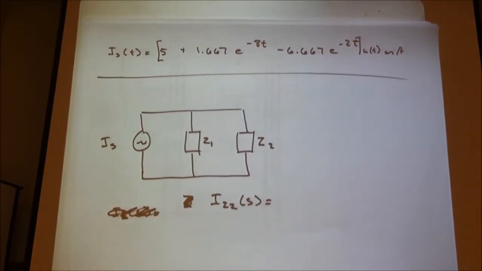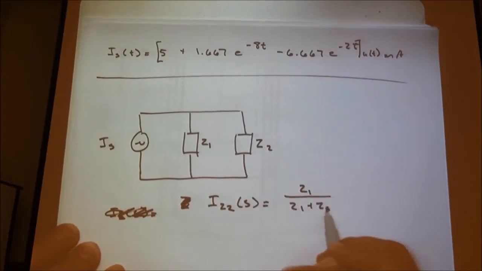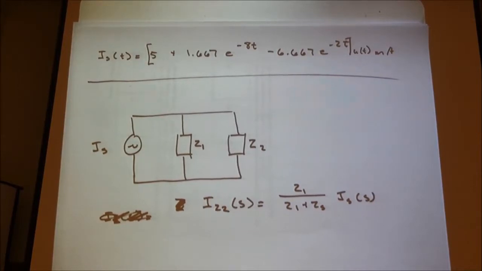What type of circuit is this? The current divider. So I_Z2 of S equals what? Z1 over Z1 plus Z2 times I source of S. And again, a reminder, Z1 and Z2 can be a collection of components. They're going to be a function of something. So it doesn't have to be just a capacitor. It could be a capacitor or an inductor in series, or in this case, a resistor and an inductor in series.